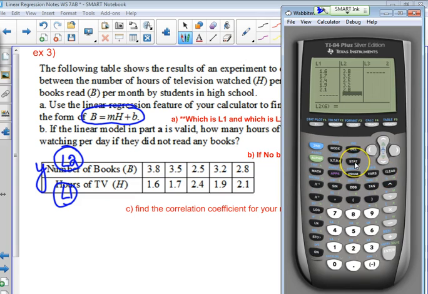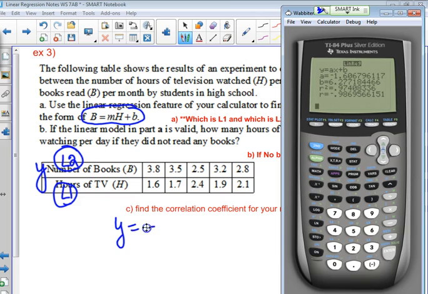All right, guys. Now I want you to do stat, right arrow. What are we going to do? 4. Make sure it says list 1, list 2, and store in Y1, which is vars, arrow to the right, enter, enter. This is what I got this time.